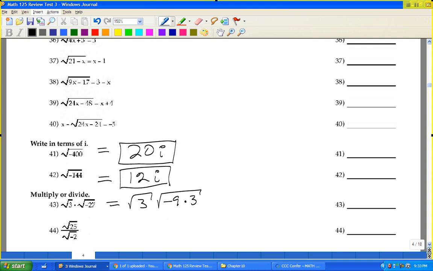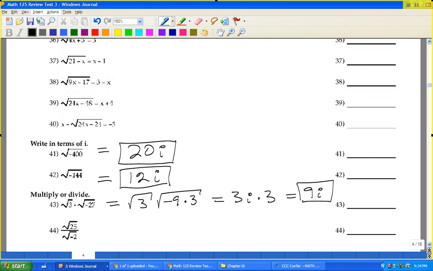Well, the square root of negative 9 is just 3i. The square root of 3 times the square root of 3 is 3. 3i times 3 is 9i.